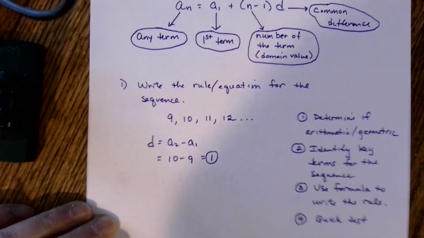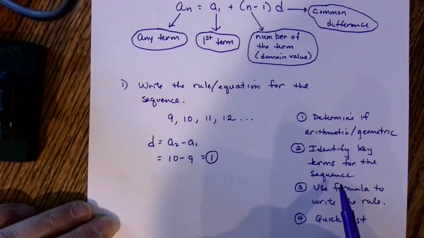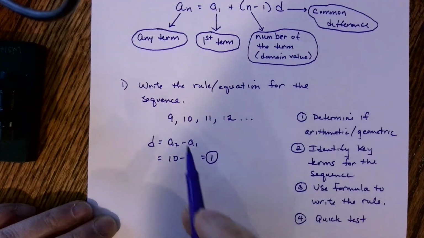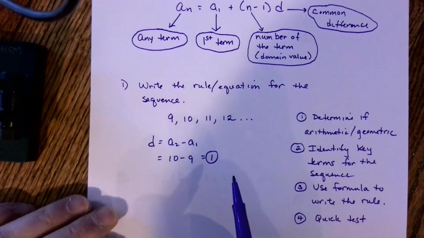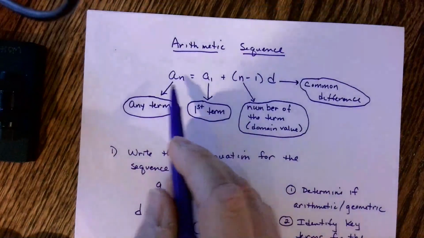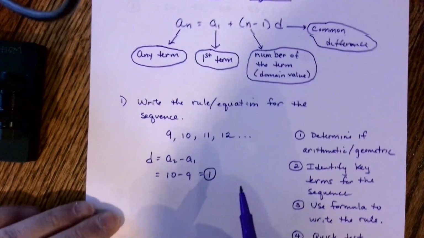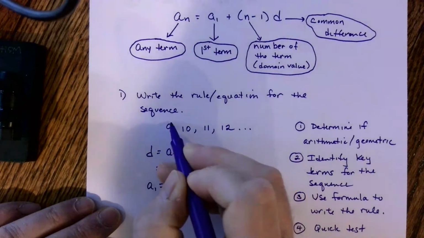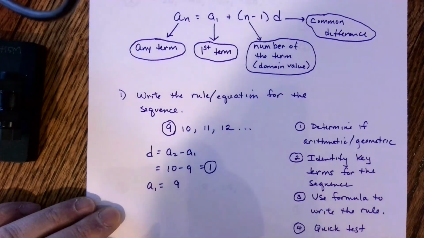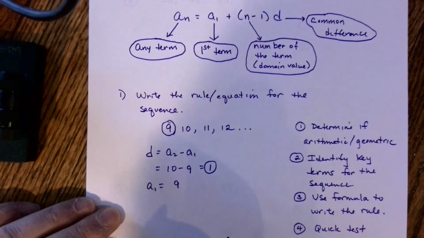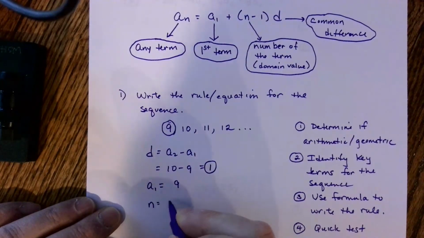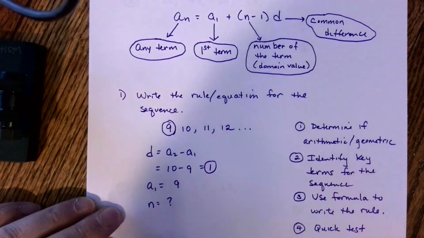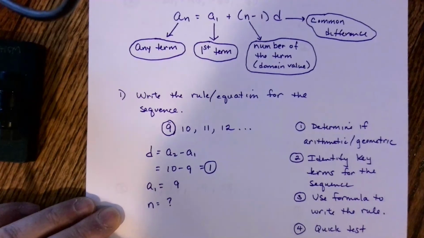Now I need to identify key terms for the sequence, meaning I want to pull out information from this sequence that will match the formula we're using up here. So let's see if we can do that. Obviously a sub 1 would be 9 because that's the first term of my sequence. How many terms do I have? Well, since this can go on forever and ever, we really don't know what the n value is.